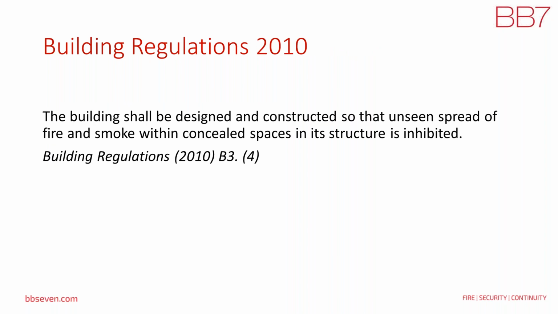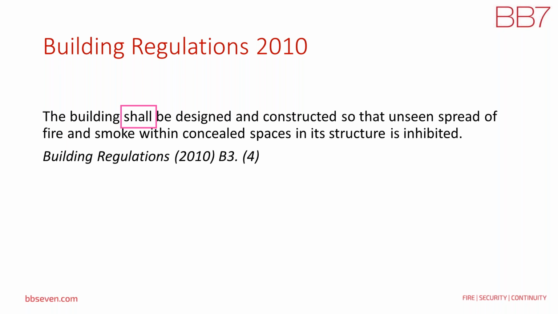So first of all, building regulations. The relevant building regulation for this particular part, seeing as it's a concealed space, we're using a cavity barrier and a cavity, so that's a concealed space. So this is B3.4, and notice that if you read this particular wording, you'll see this word shall, which means that you must do it.